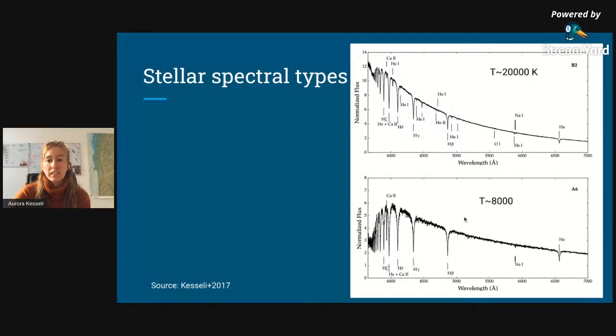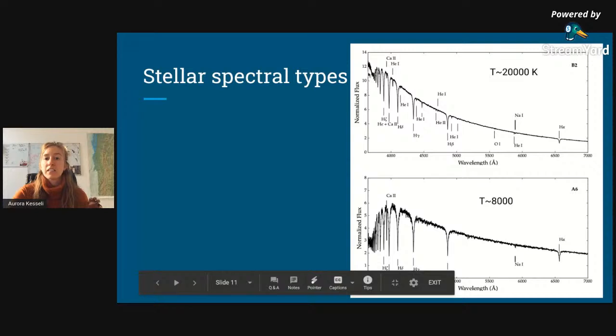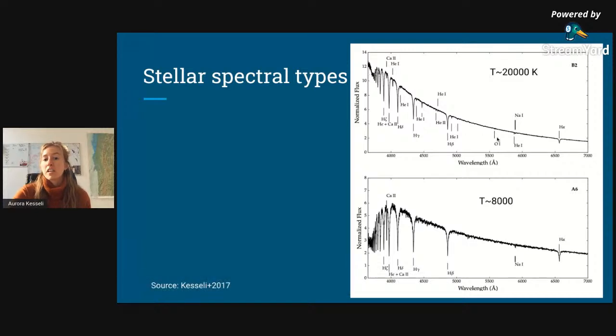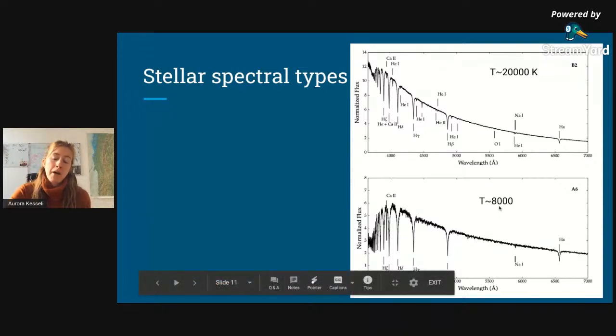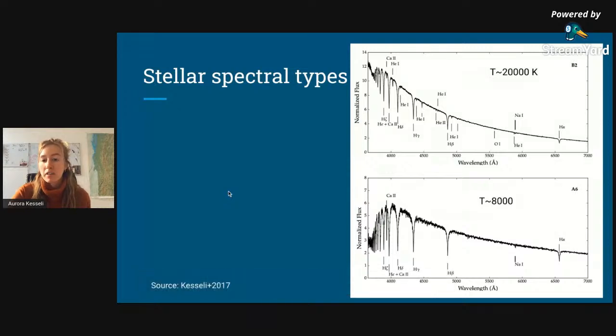Okay, so now moving down to A-type stars, you can see that the spectrum doesn't look quite as peaked in the blue. We're starting to move a bit towards the red, or a bit towards the visible. And again, here, our temperature is about 8,000 Kelvin. The main component in this atmosphere is hydrogen. So I've labeled all of the different hydrogen transitions here.